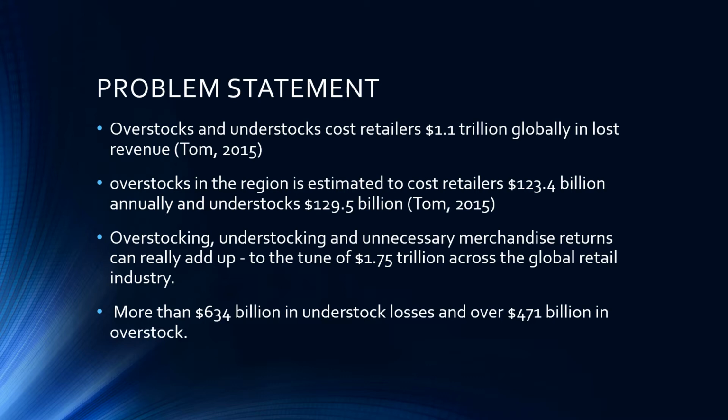More than $634 billion in understock losses, and over $471 billion in overstock. So as you can see in the figure, overstock and understock is a big problem in retailing companies. So let's look at how we can fight them.